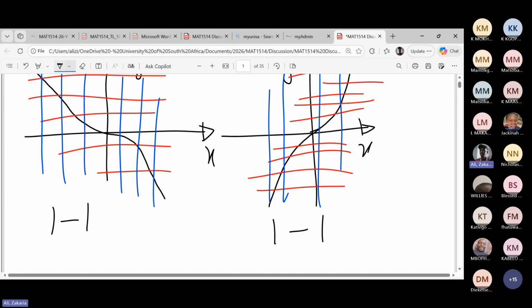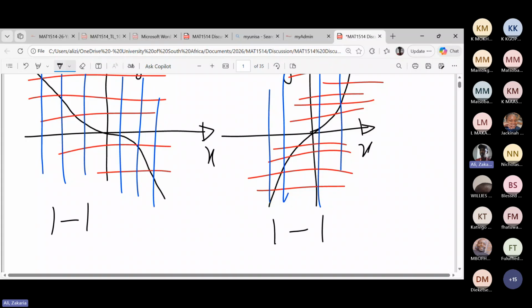So if the graph intersects more than once, what will the function be? Tell me, what did I just say? If it intersects more than once, it's not one-to-one. It could be 2 to 1, 3 to 1, 4 to 1, 5 to 1, or 1 to 100. So that function is also not one-to-one.